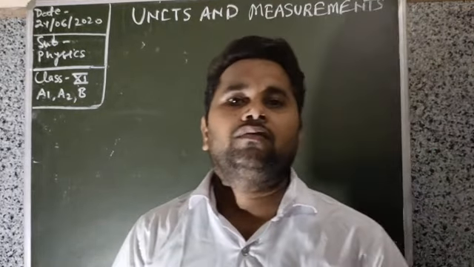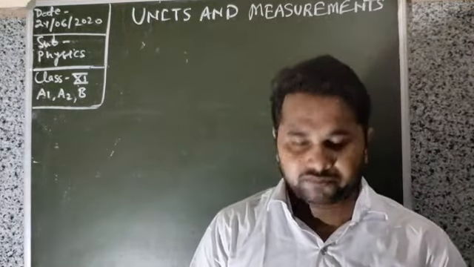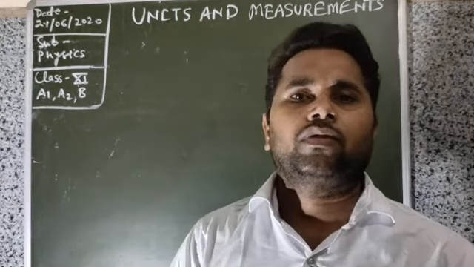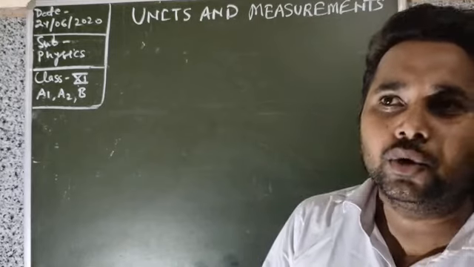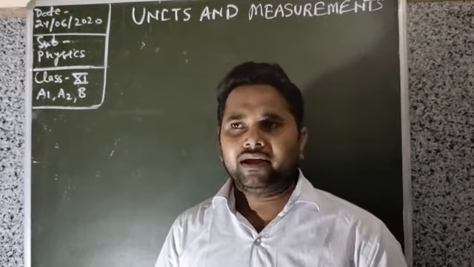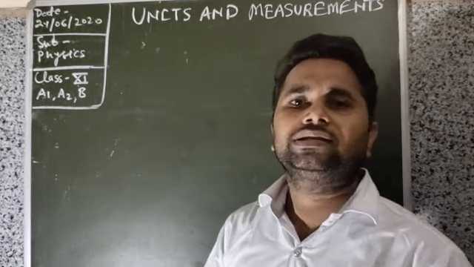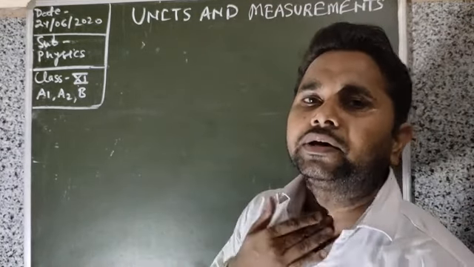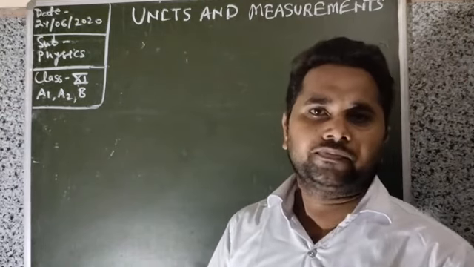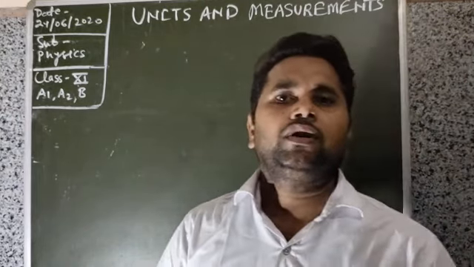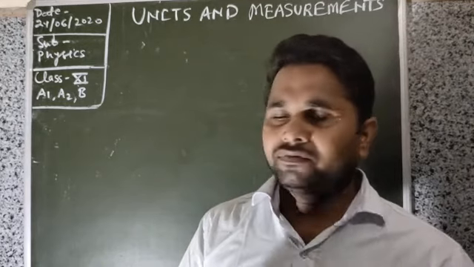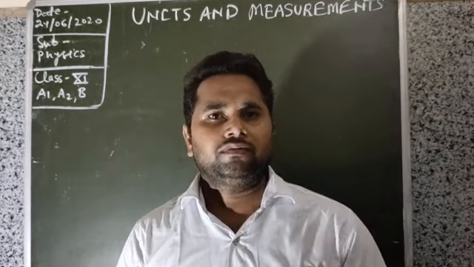In this chapter, you have discussed many definitions like physical quantities, fundamental physical quantities, units, and also the different systems of units like FPS, MKS, CGS, and the last topic I think you have discussed is the dimension formula of the different physical quantities. So after that topic, I will continue.